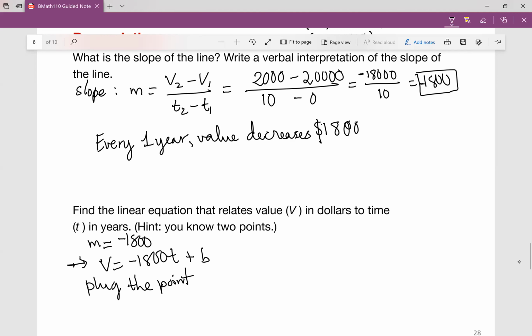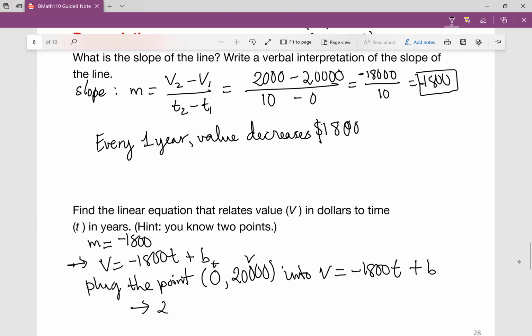What point do we like? I'm going to use 0 and 20,000 into V equal to negative 1,800 T plus B. So this is T, this is V, right?